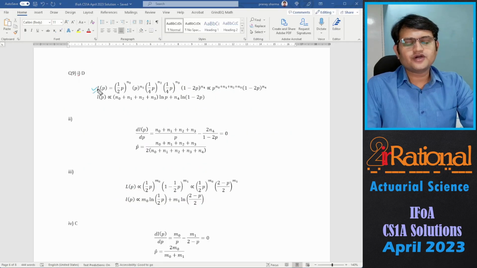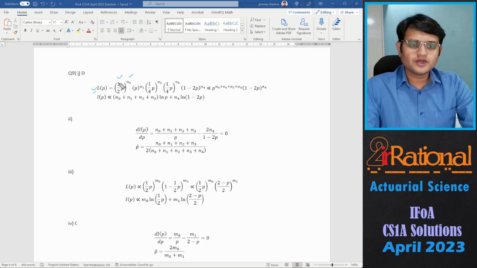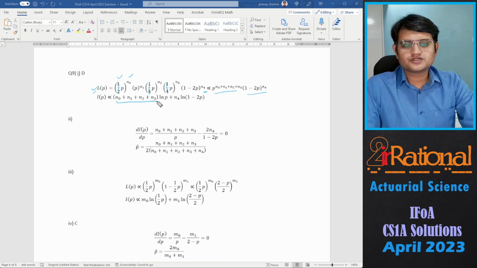So for the likelihood function, we'll directly take the probability raised to the frequency for each one of them. Then you can remove the constants, because again it's just constants. So proportional, we'll have p raised to n0, n1, n2, n3 all added together, and we have (1 minus 2p) raised to n4. So log likelihood: (n0 plus till n3) log of p plus n4 log of (1 minus 2p).